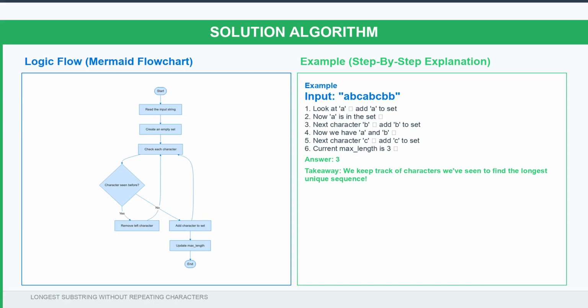If this length exceeds max length, we update it. Finally, after checking all characters, we return max length, which tells us the length of the longest substring without repeating characters. The example code provided illustrates this algorithm efficiently, using a set for fast lookups and a two-pointer technique to manage our substring boundaries, achieving a linear time complexity of O(n).